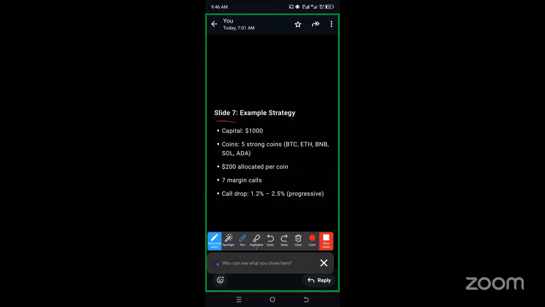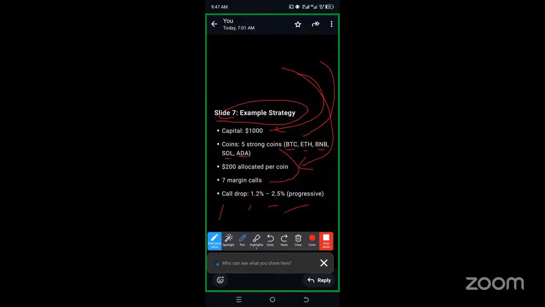So an example strategy: if you have 1,000 capital, you may choose 5 coins which are strong like Bitcoin, Ethereum, BNB, Solana, and another. And on each coin you can allocate $100. Then you can use maybe 7 margin calls, and you can use a progressive drop of 1.2 to 2.5.